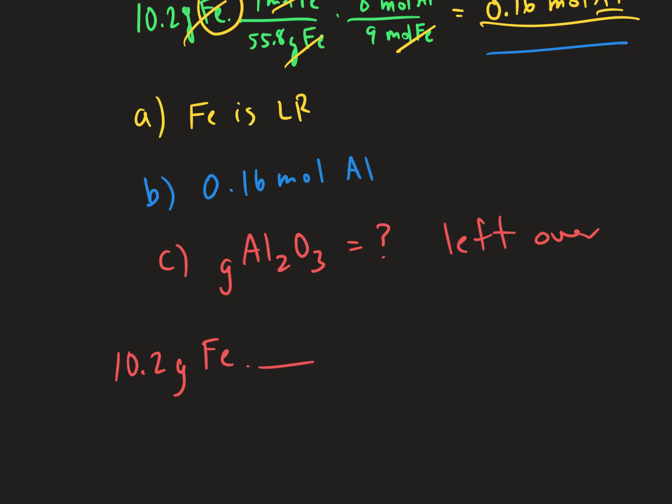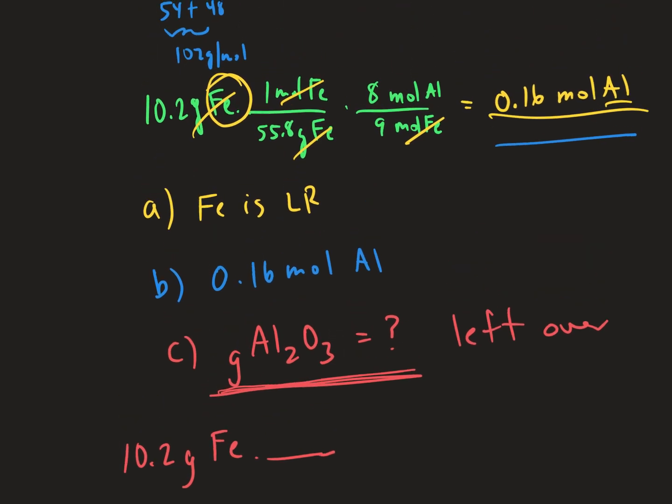In the end, what are we going to convert to? What's our end goal? Grams of aluminum oxide. Yeah, that's it. We're looking for grams of aluminum oxide. So we can convert until we're there.